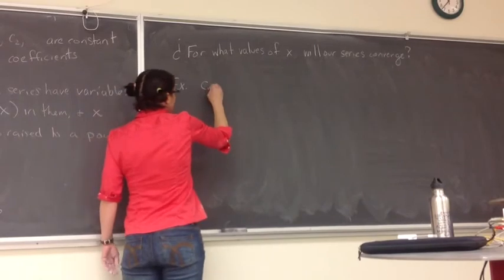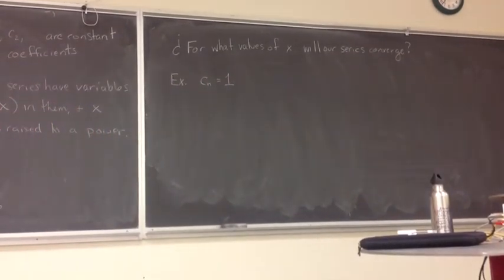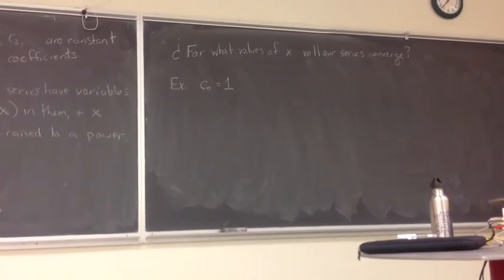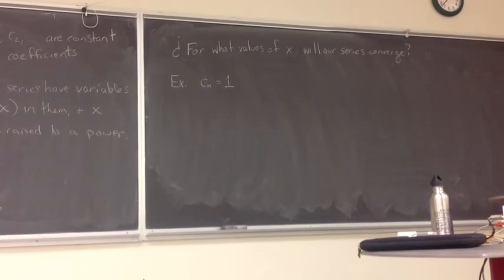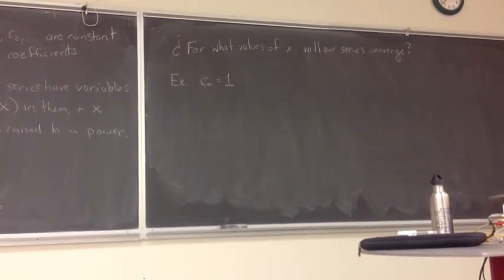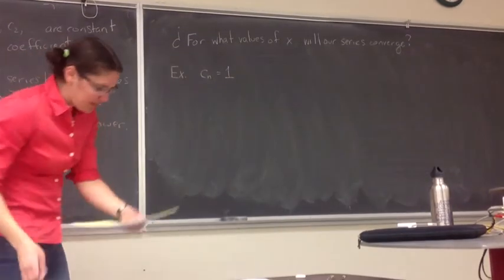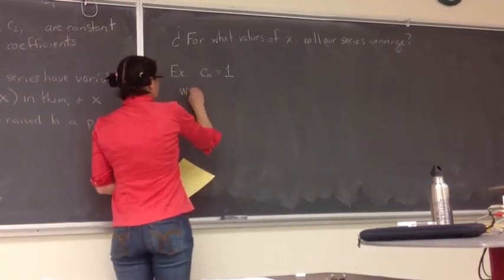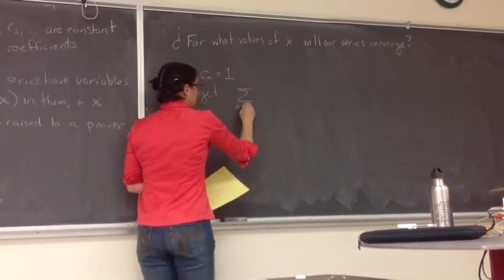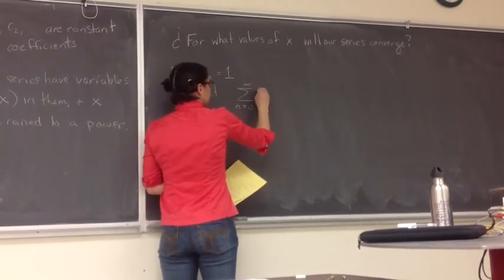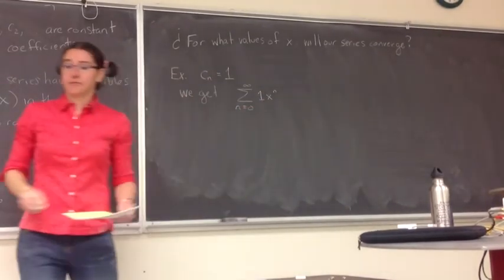Our very first example is going to be an example where the Cn's are all equal to 1. So the coefficient C0 is equal to 1, coefficient C1 is equal to 1, coefficient C2 is equal to 1. And so what we'd end up with is the sum where n goes from 0 up to infinity of 1 times x raised to the n.